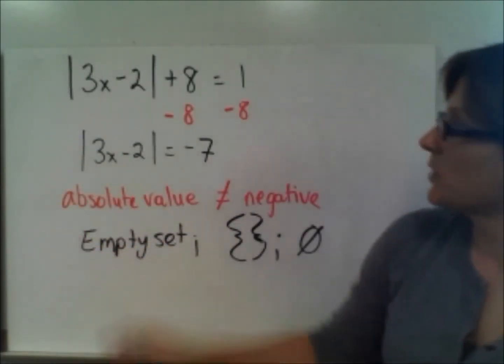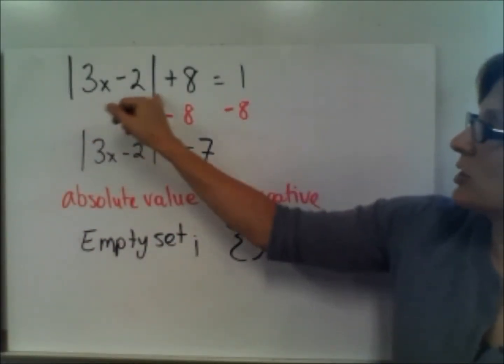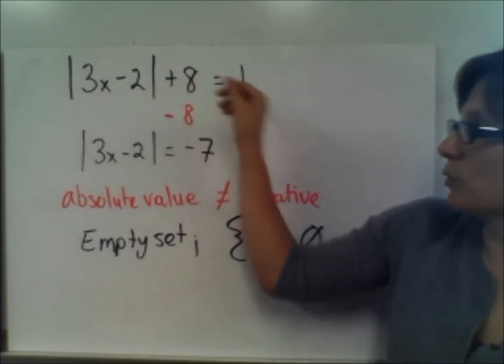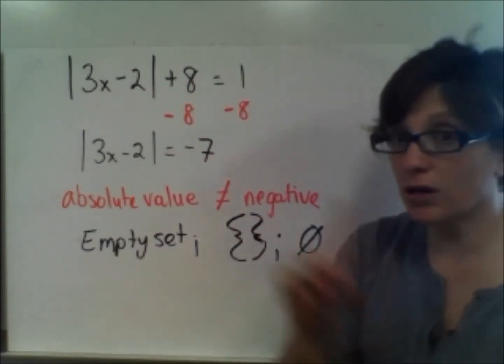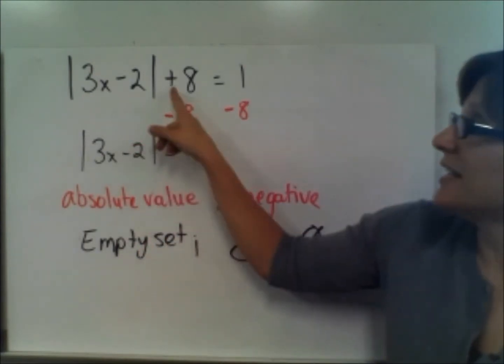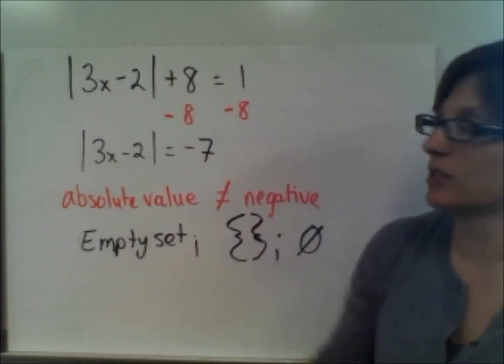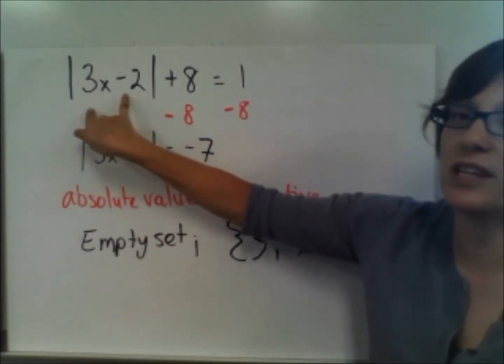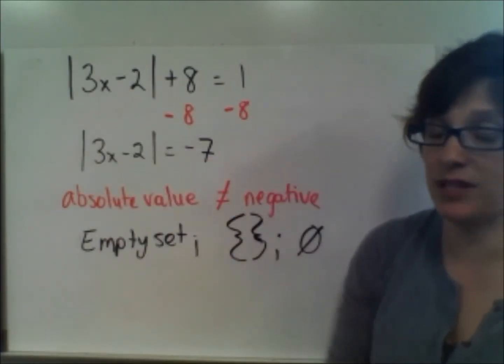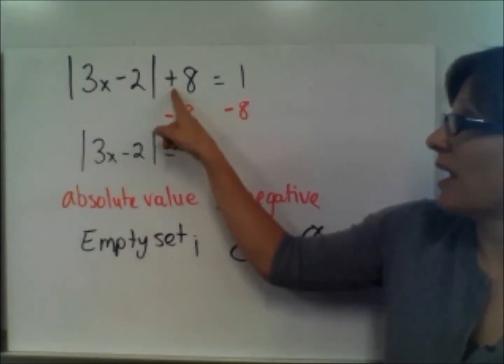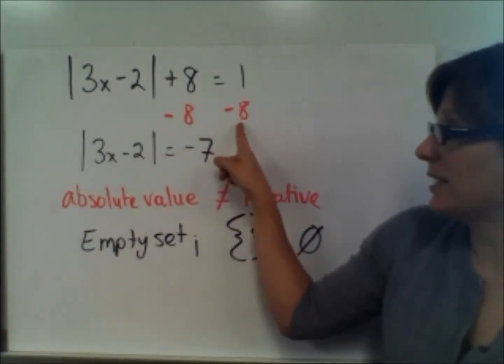So here's another one. Absolute value of 3x minus 2 plus 8 equals 1. Before I solve it twice, I need to get rid of this guy, okay? Because you only write it twice when the absolute value sign is the only thing left on its side of the equal sign. So you get rid of 8 by saying minus 8 minus 8.